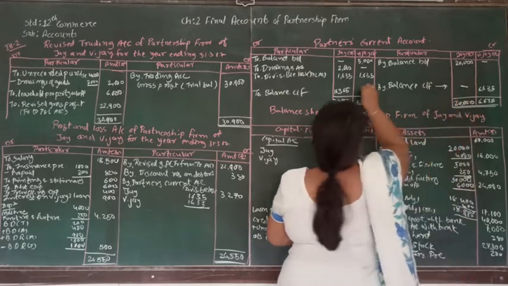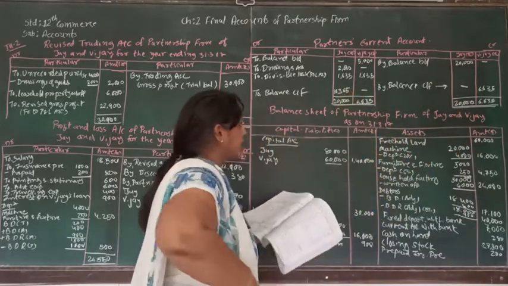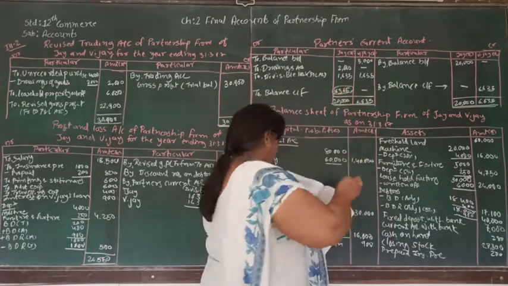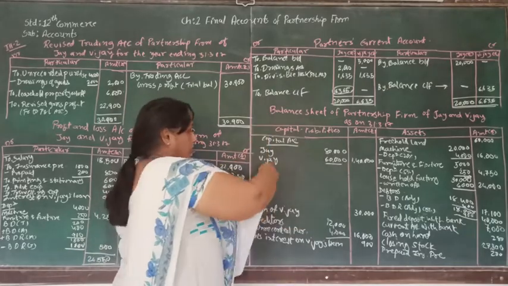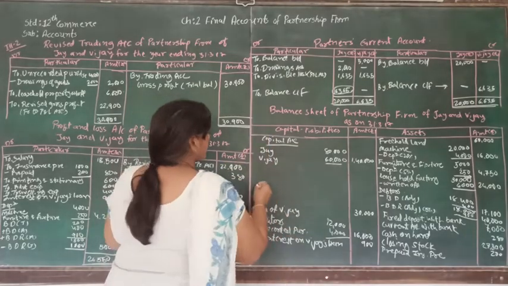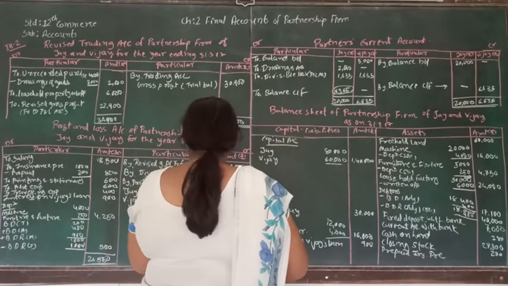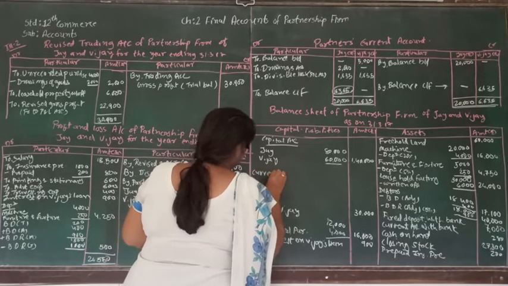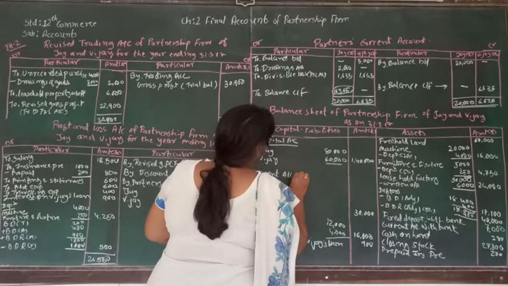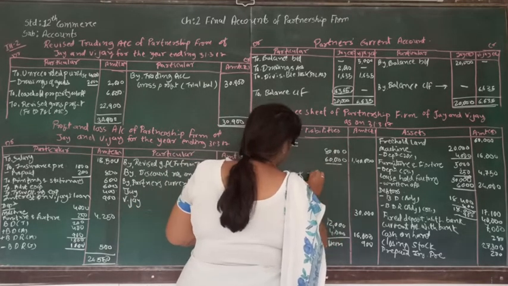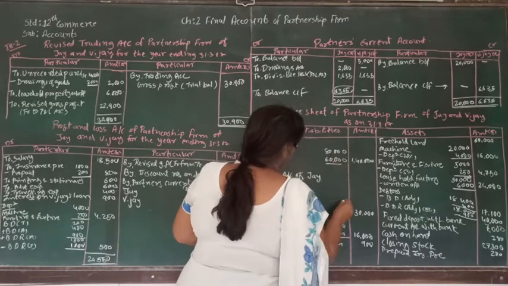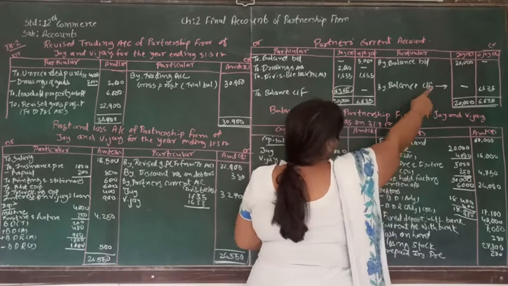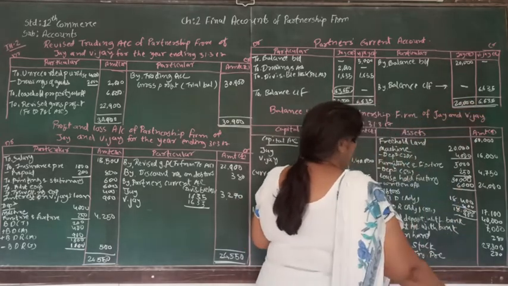This balance is the credit balance of the current account, and that is going to be taken on the liability side. So here we write the current account of Jai, that is 16,365, and Vijay's current account is supposed to be on the asset side.